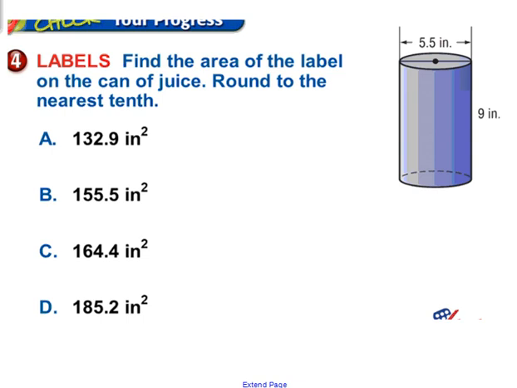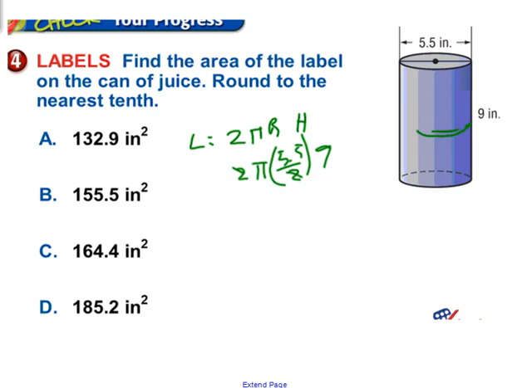All right, let's do the same thing here. Pause the video and see if you get the same answer I do. If I'm looking for the lateral surface area, again, just around the outside of the can, it is 2πr times the height. So it's 2 times pi times the radius, which is 5.5 divided by 2, because it's the diameter cut in half, times 9.